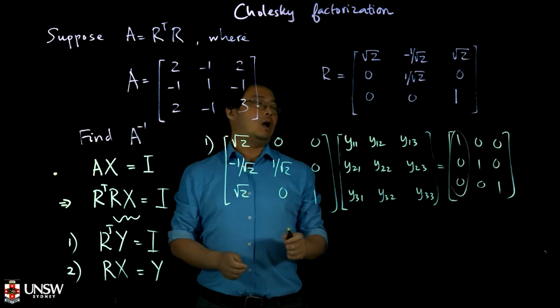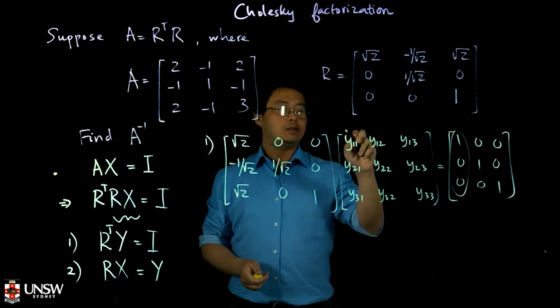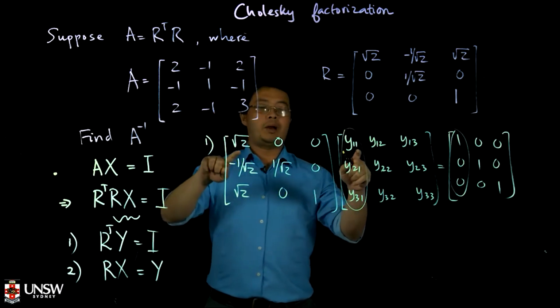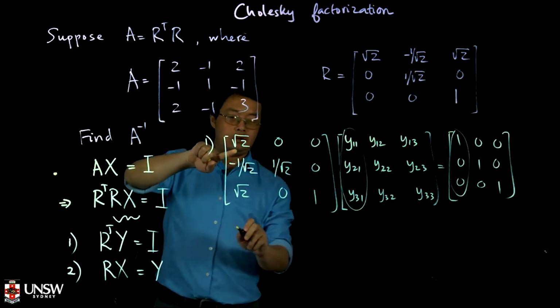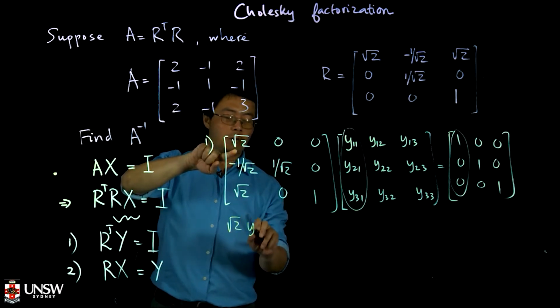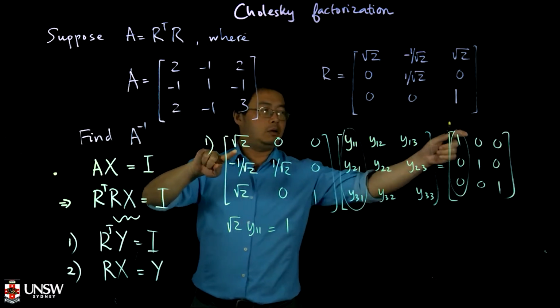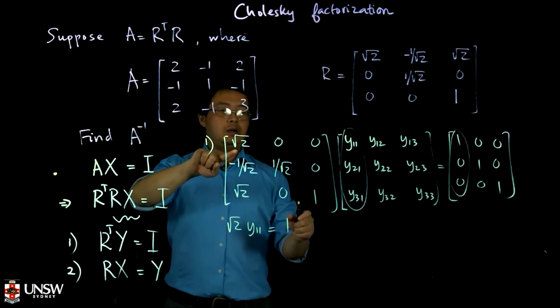Now we have the equation R transpose times the matrix Y equals the identity matrix. How do I solve it? First, I take the first column of the matrix Y and multiply it out. Then I have square root 2 Y11 equals 1.